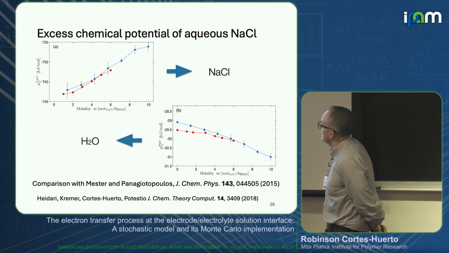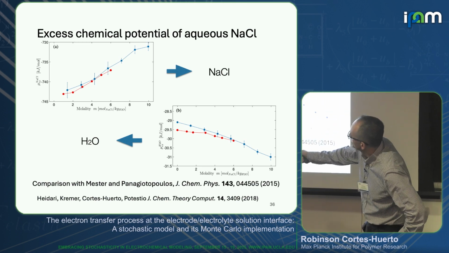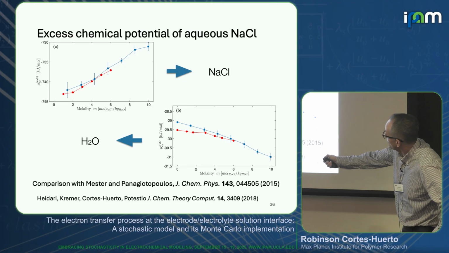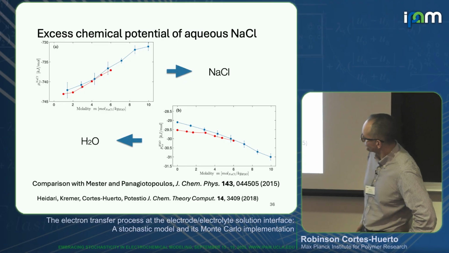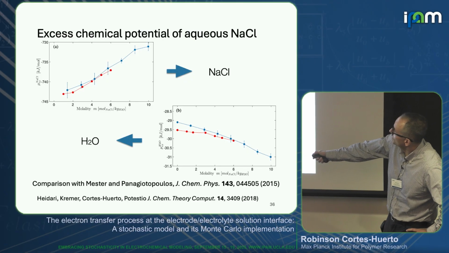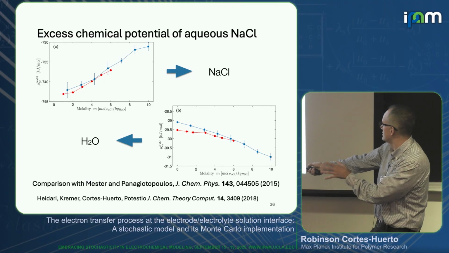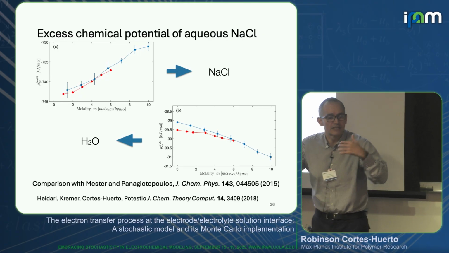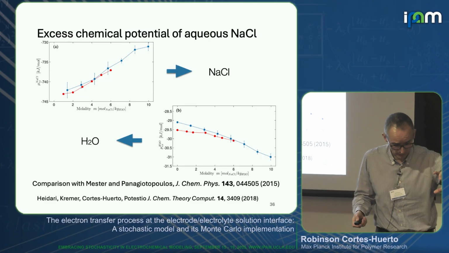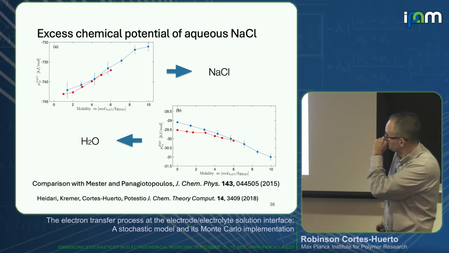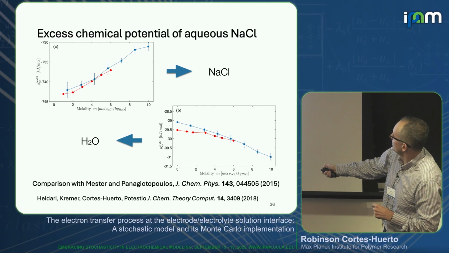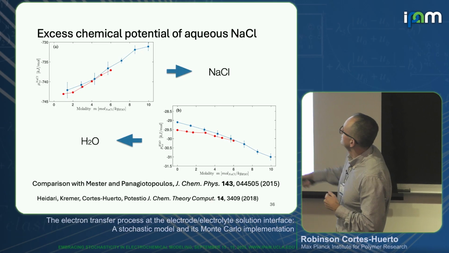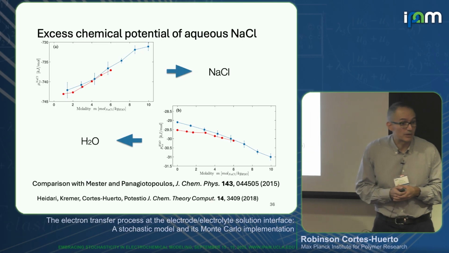Now we compare the excess chemical potential of sodium chloride in water as a function of concentration. We compare with the most sophisticated results that we could find for this system using the BAR method, which is, again, a very sophisticated way of using a particle insertion method. We see that our results reproduce reasonably well the behavior expected from the BAR method.